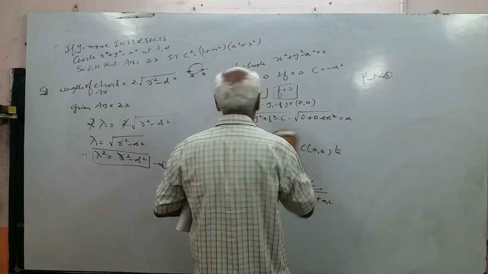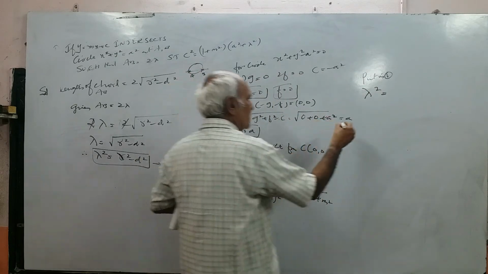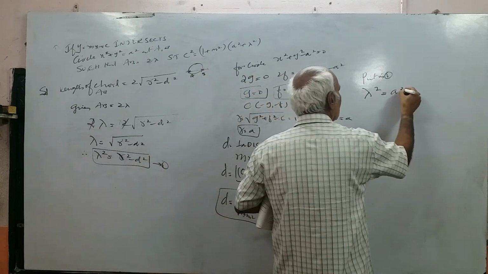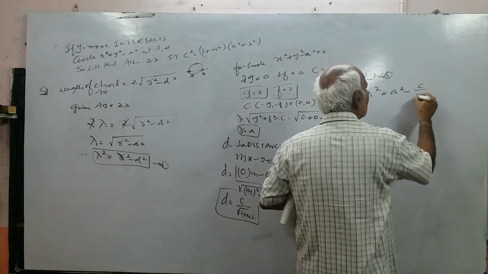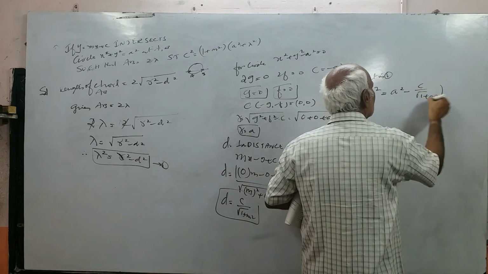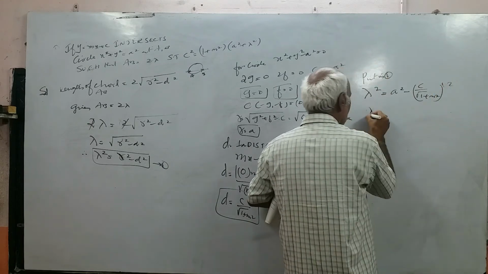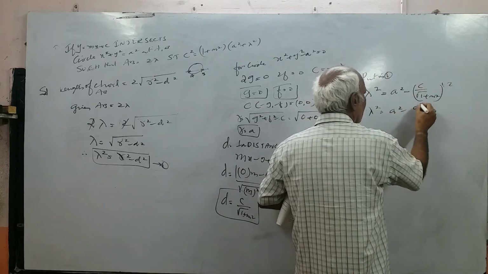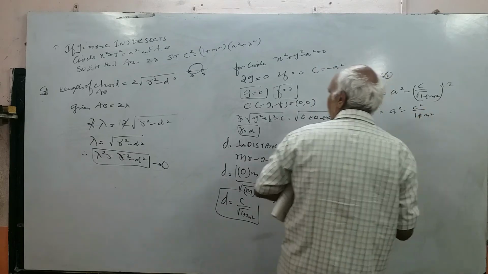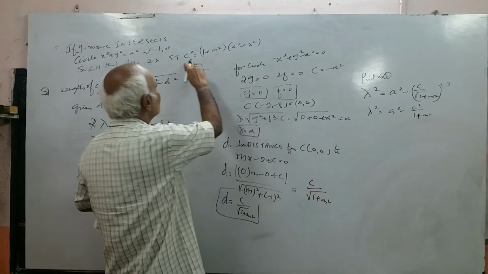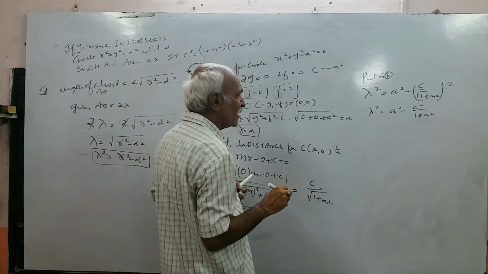Put it in equation 1. What is the first equation? Lambda square is equal to r square. r square means a square minus d square, and d is c by root of 1 plus m square, whole square. So this becomes lambda square is equal to a square minus c square by 1 plus m square. Now look here, what is the answer? It says c square is equal to 1 plus m square into a square minus lambda square.